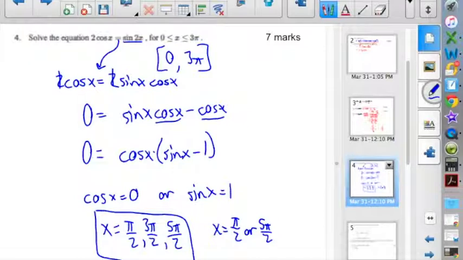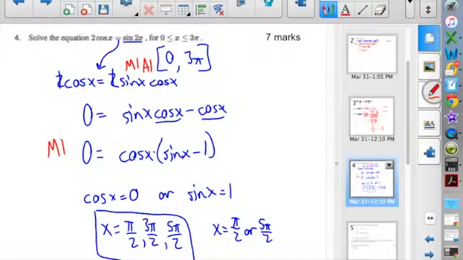Now my idea probably for the mark scheme, you're probably going to see one method point for using the double angle formula, and maybe an accuracy point for doing it correctly. And then probably a method point for factoring, getting it equal to 0 and factoring.